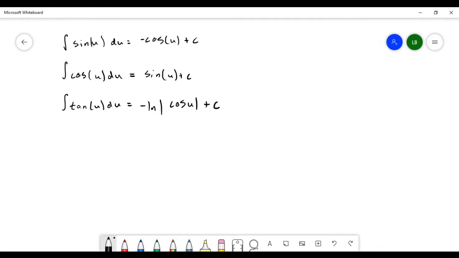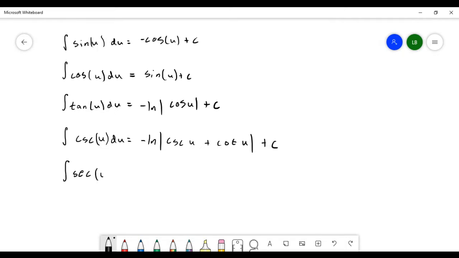And this is actually accomplished when we rewrite tangent as sine over cosine. And then we can make a U-substitution, and it does end up being in the form of natural log. I believe I talked about that last week, so we're not going to go super into it this week. This is just a brief refresher for you. The integral of cosecant of u du is equal to negative natural log of cosecant of u plus cotangent of u plus c.